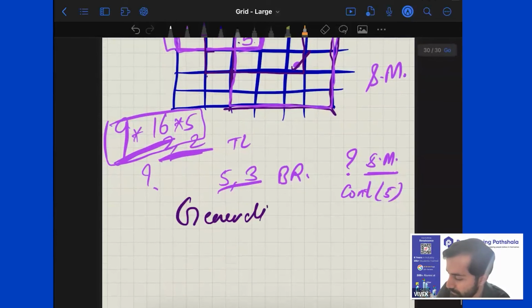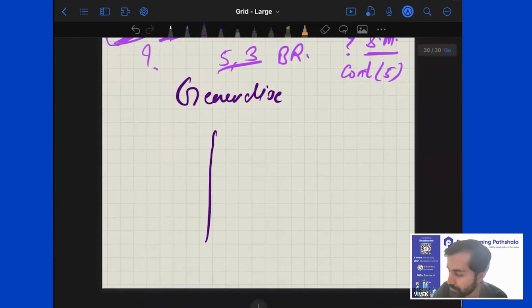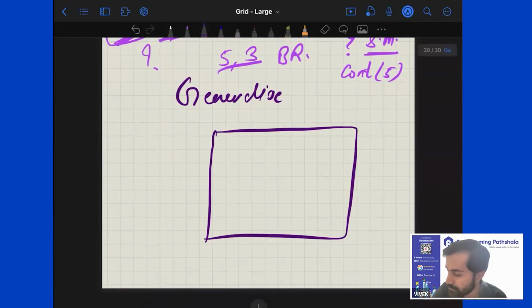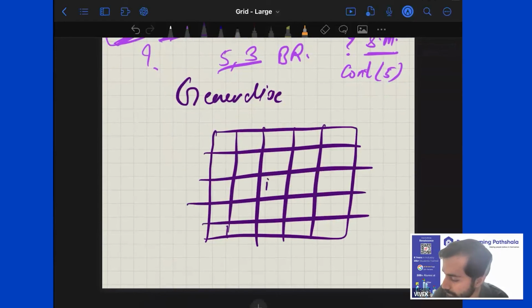Let's generalize this count. It's pretty easy to generalize now. So let's say you are interested in i comma j. You are interested in the contribution of i comma j. So I can say that our top left could be any of these cells and our bottom right could be any of those cells. So how many choices do you have?